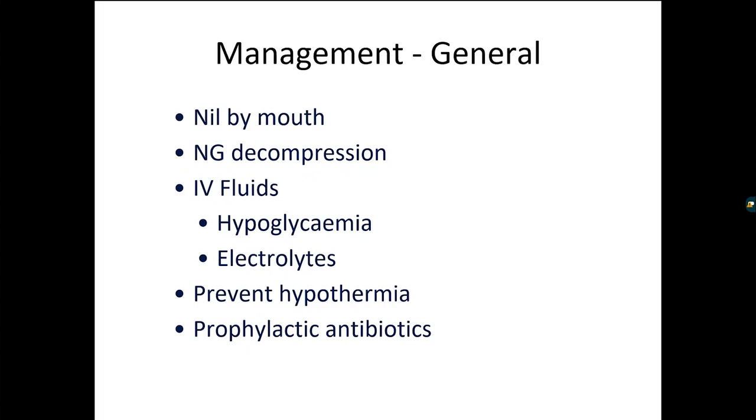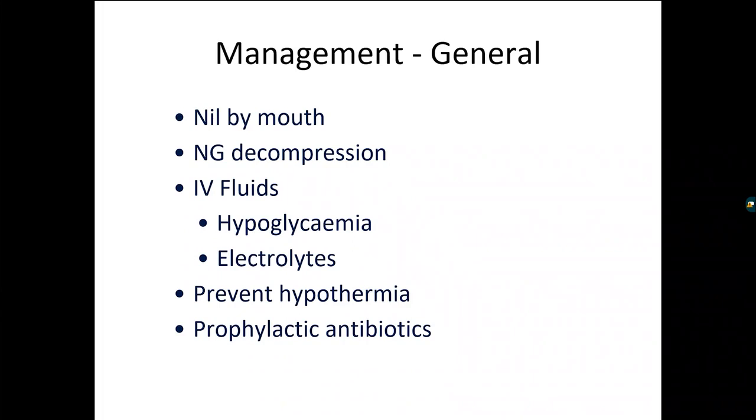Some of these babies have features of dehydration. Therefore, it's important to assess their level of hydration and administer fluids accordingly. Do not forget about hypoglycemia. Little babies are very prone, so you might have to check their sugars often. Electrolyte imbalances are also very common in these patients, so it's very important to pick up metabolic abnormalities and correct them during fluid management.